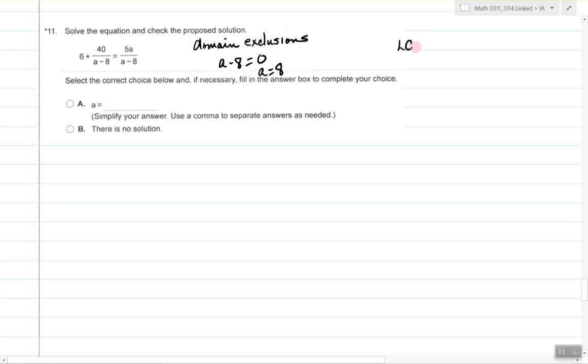The LCD here is a minus 8 because it's the only denominator. So I have the equation 6 plus 40 over a minus 8 equals 5a over a minus 8.